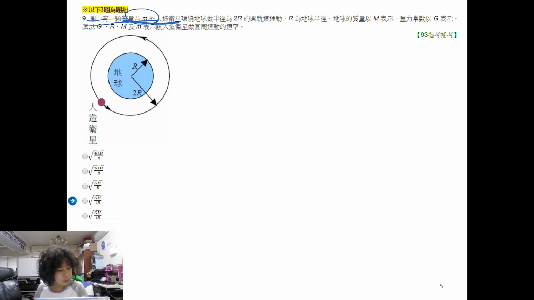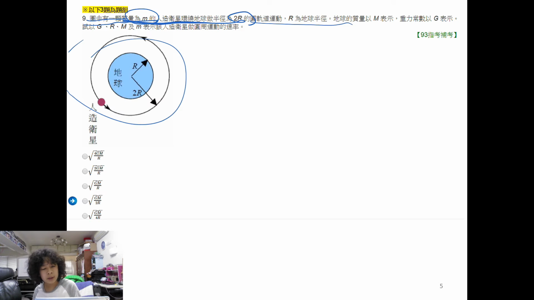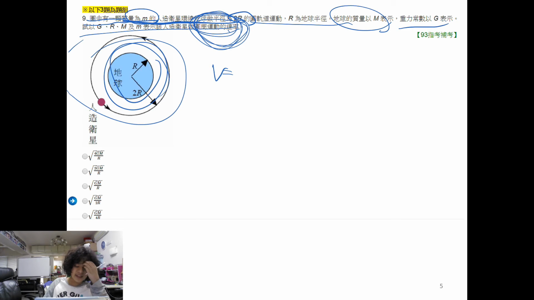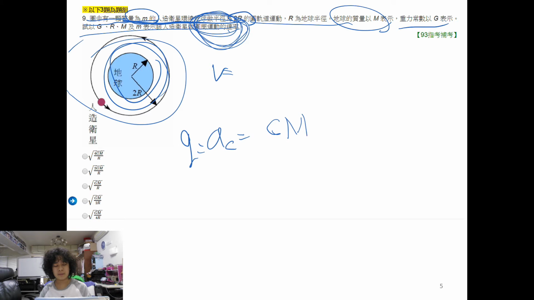Okay, so just look at this picture: the Earth has radius r and mass M, and now it's asking for the v of the orbiting object. So how to calculate the v? It's simple, because you can know that g equals a, g equals GM divided by 4r squared, because the acceleration is now not at r but at 2r.